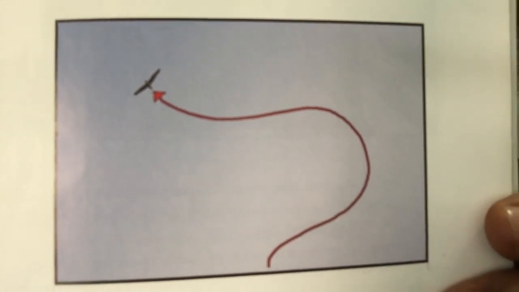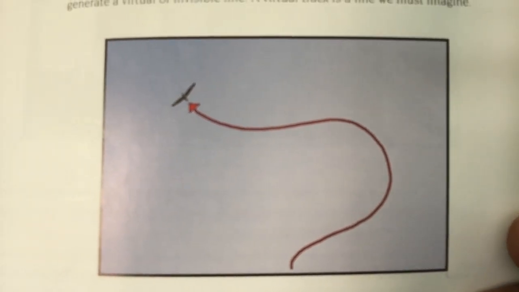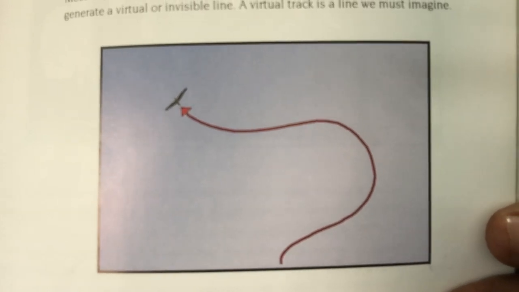And then a virtual track, where there's no smoke coming out, but the path of the airplane itself is leaving a line or a track. So we have virtual tracks and actual tracks. Okay.